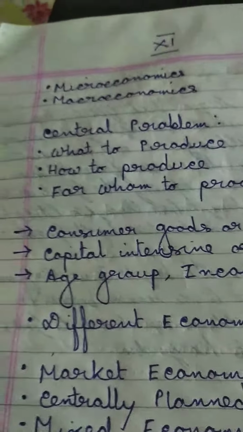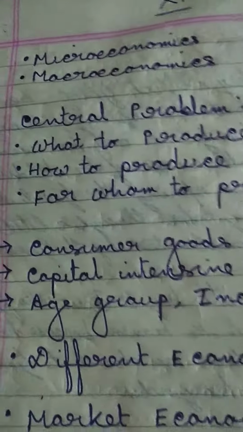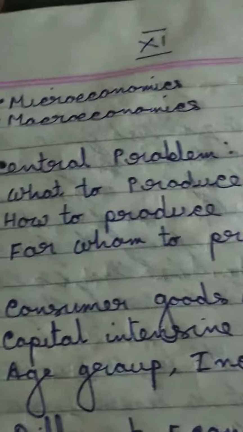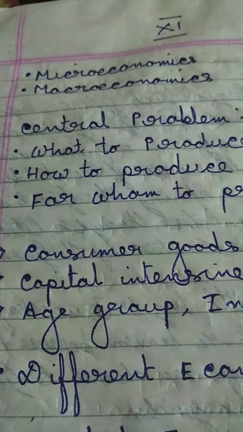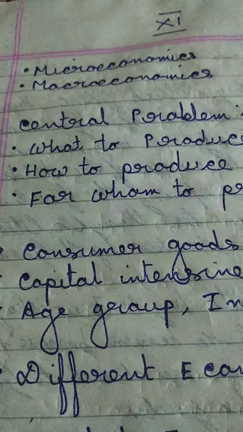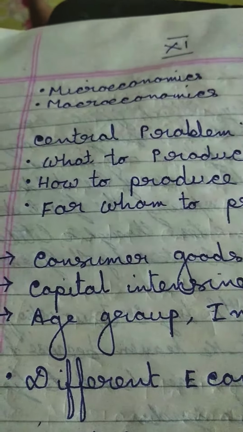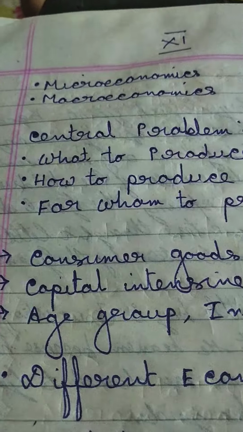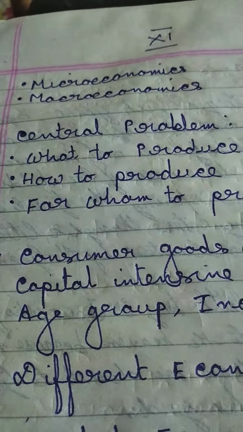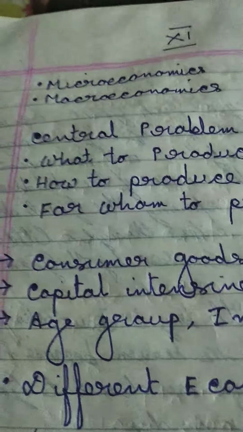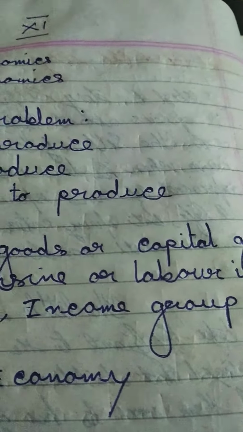If you want to capture the age group of 0 to 15 or 0 to 10, then you have to concentrate upon that product which is very much desirable for that group. Or if you want to capture the old age group, then you have to choose that good which is desirable for that age group.